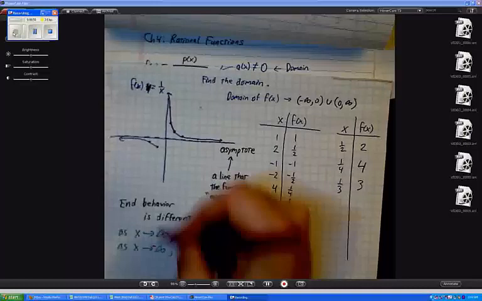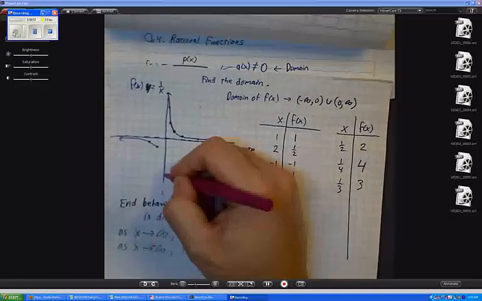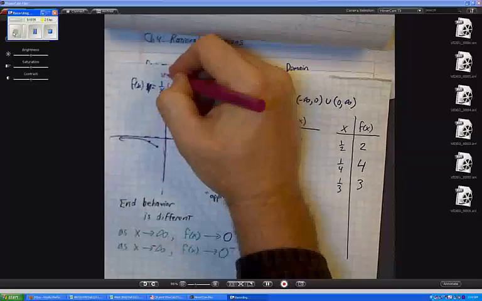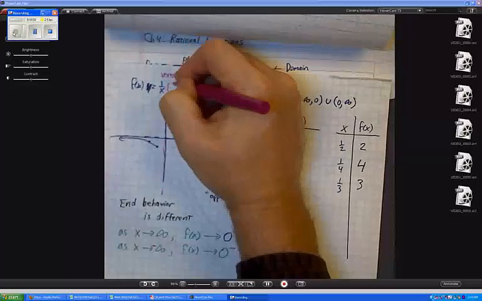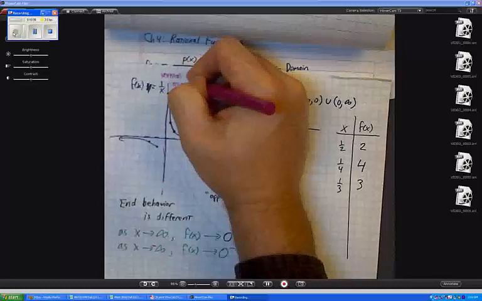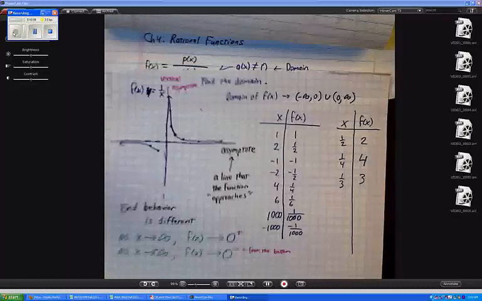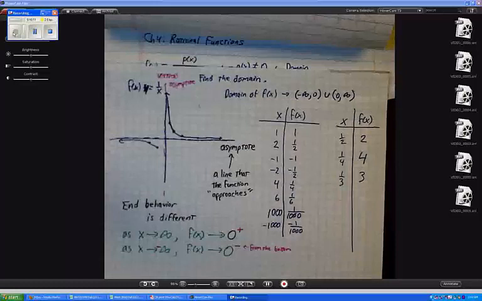I'm going to put a little dotted line here because this is a vertical asymptote. The curve gets closer and closer to the line. Okay? It approaches the line. So y equals 1 over x has a horizontal asymptote, and it also has a vertical asymptote. Okay?